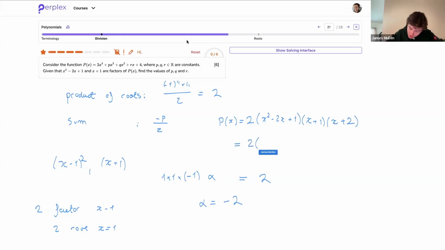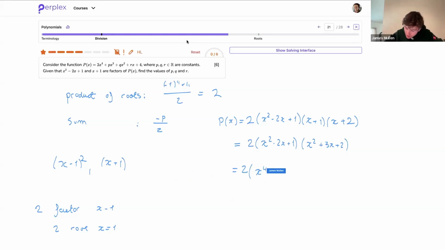So I'm going to write it as 2 times x squared minus 2x plus 1 times x squared plus 3x plus 2. And then it's not honestly that terrible of an expansion to do. So I'm just going to do it, and I'm going to get 2 times x to the 4. Then for x cubed terms, I'm going to have one of those and one of those. So it's going to be plus 3x squared minus 2x squared. Plus x cubed.